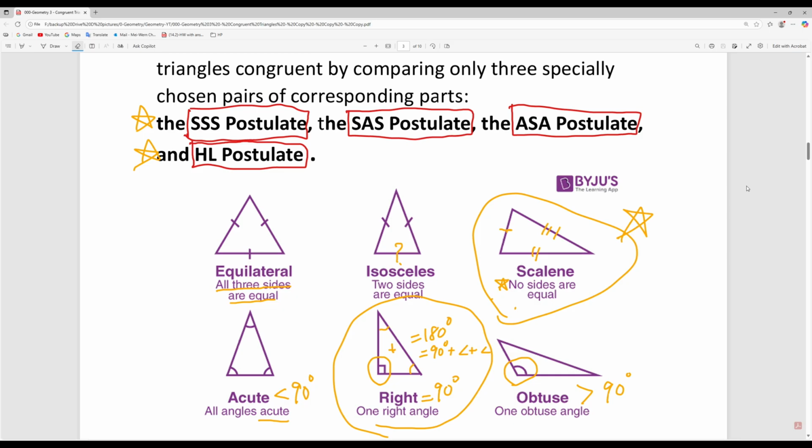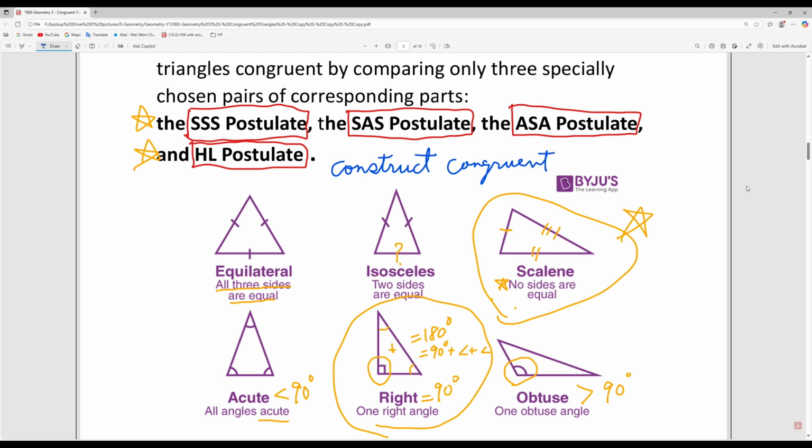I will use construction, how to construct congruent triangles. Go through constructing congruent triangles. You may feel those postulates are obvious to you.